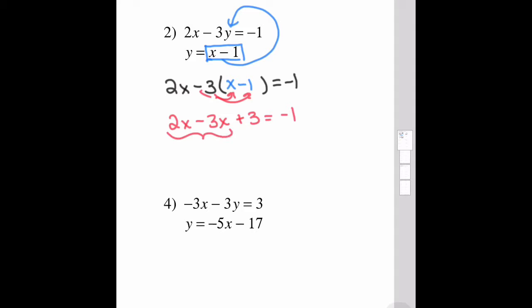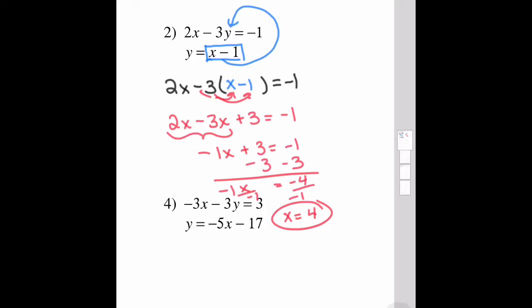Add together my like terms. I get negative 1x plus 3 equals negative 1. Subtract 3 from both sides. Negative 1x equals negative 4. Divide by negative 1, x equals 4. Now I plug my x into one of the original equations.